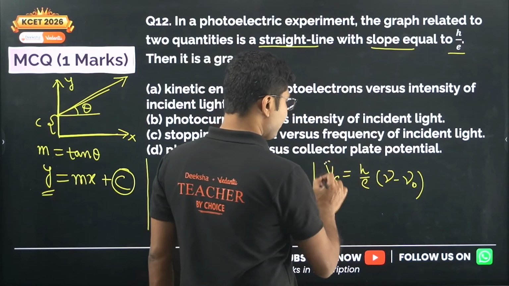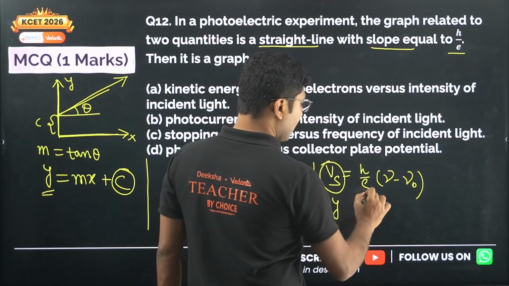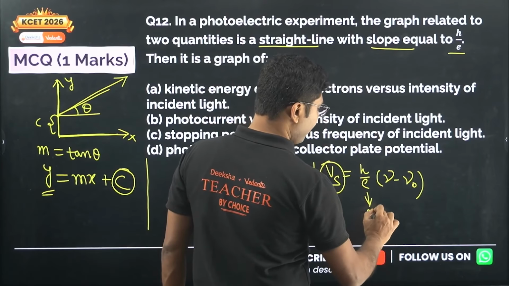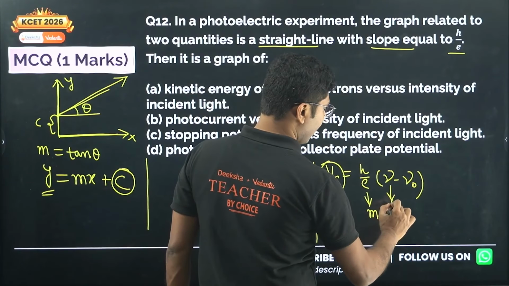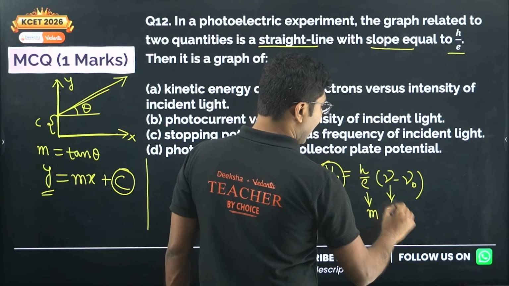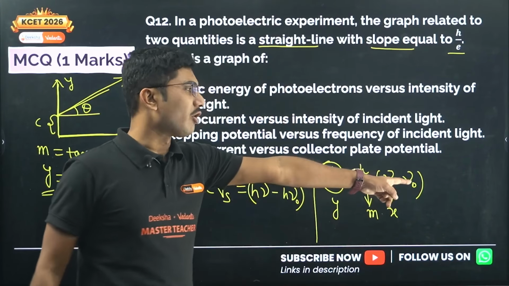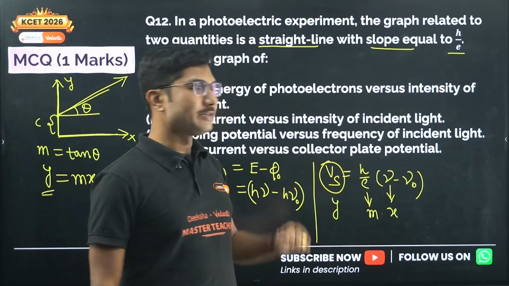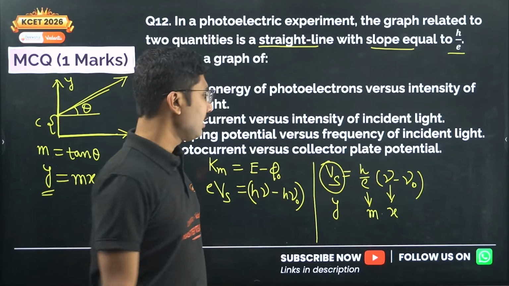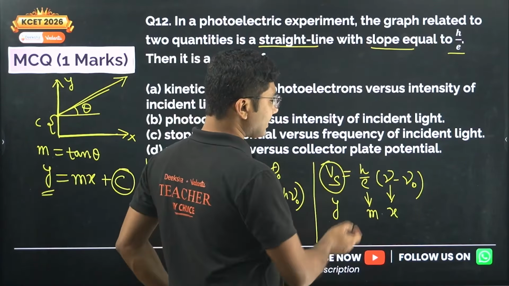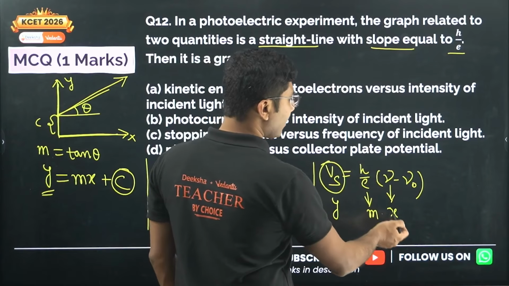So this becomes your y, this becomes your m, and this becomes your x, and multiplying this with nu naught, you get c. Actually c is not only nu naught, you have to multiply this by h by e. h by e is a constant. So y is Vs, h by e is m, and nu is x.